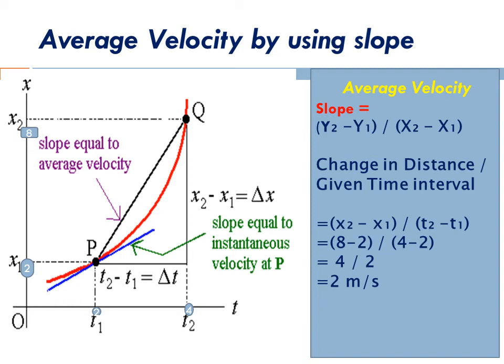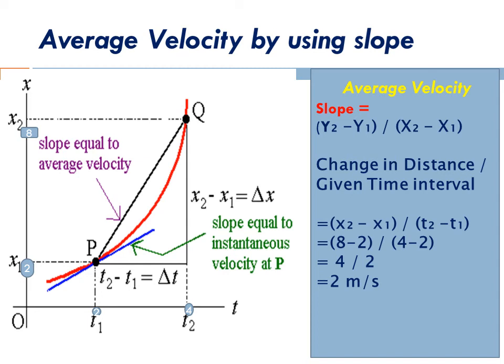In this graph, the y-axis represents distance in meter and the x-axis represents time in second. So y2 minus y1 represents the change in distance and x2 minus x1 represents the given time interval. So it becomes x2 minus x1 divided by t2 minus t1.